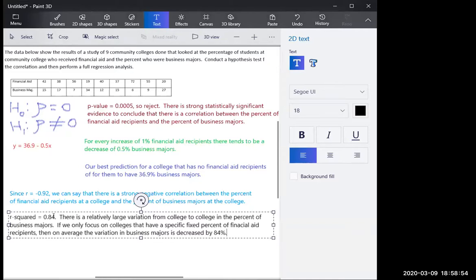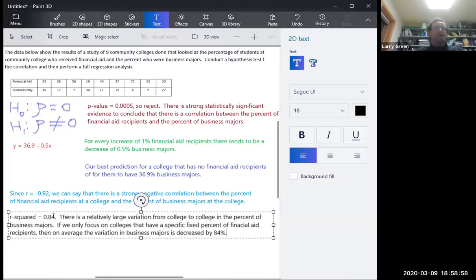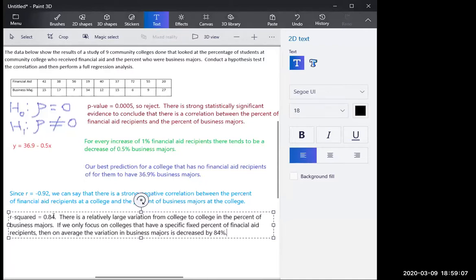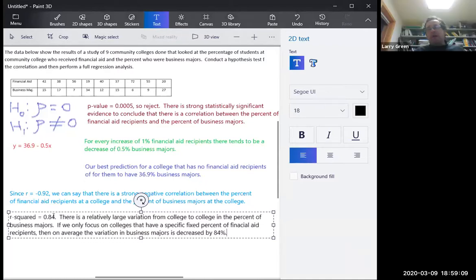Notice if R squared was, say, 0.02, then there would be very little decrease in the variation, 2%. Do you see that? Yes. So if your R squared is really small, then the regression line isn't very useful at all, because knowing X doesn't give you a good handle on Y at all.